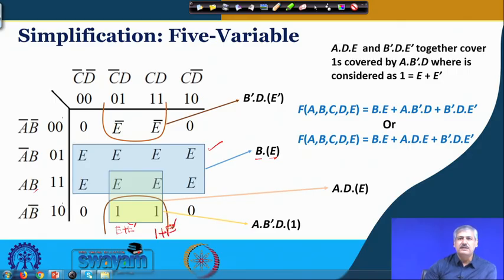So, each of these cases is considering 4 possible 3 literals in the expression. So, in one case this is b prime, d prime, and d is remaining with 1 and e is the variable that is entering. So, b d e prime. Is it fine? Okay. This is SOP.